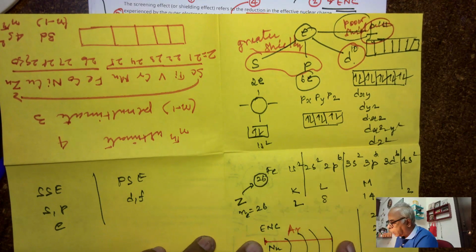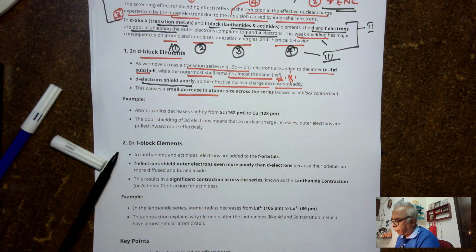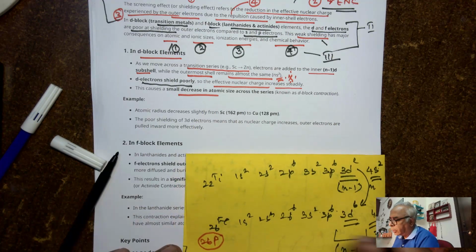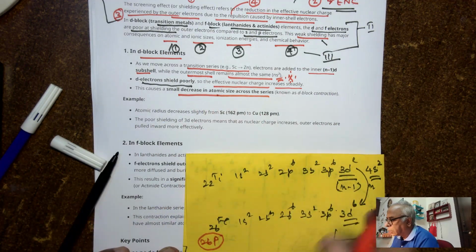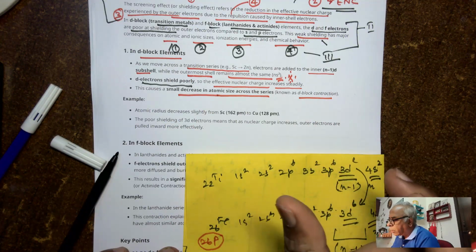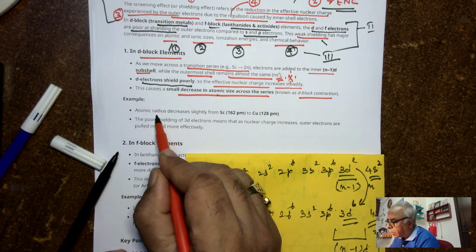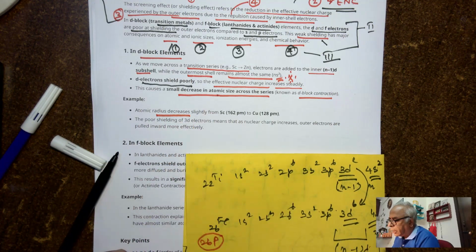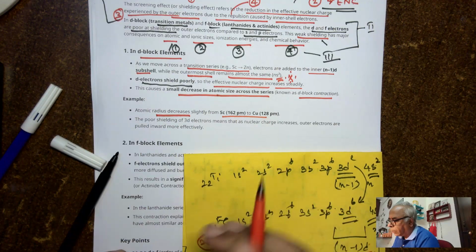So what we anticipate with the increase of atomic number is an increase in atomic radius, but because of the poor shielding effect of the d orbital, the atomic size decreases across the series. So this is called d block contraction. The size is getting reduced. So the atomic radius decreases slightly from scandium to copper.